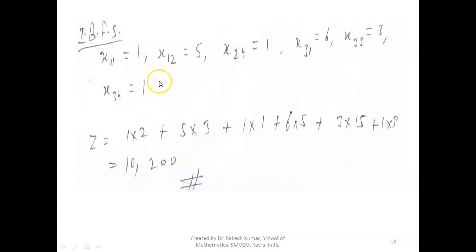It is found that Vogel's approximation method provides us the minimum transportation cost as compared to the northwest corner rule and the least cost method. So most of the times we start with Vogel's approximation method, and sometimes it also provides the optimal solution or near optimal solution.